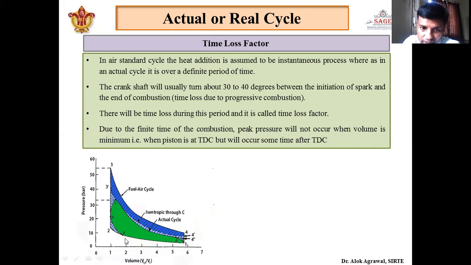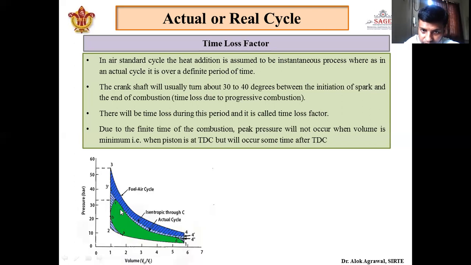But as the crank is continuously rotating, the piston is continuously moving, so we will not get peak pressure at minimum volume. Here it is given as point C, when the piston starts moving away from top dead center and approaching bottom dead center.